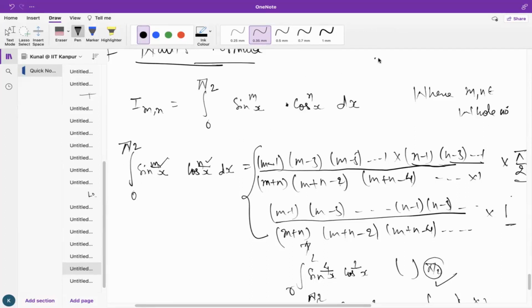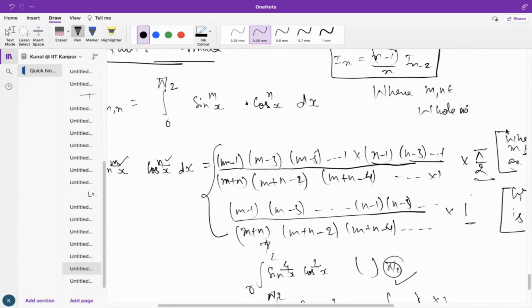If we go through the reduction formula, we get n minus 1 by n, n minus 3 by n minus 2, right? So whatever is in the power, subtract 1 from it, and then keep subtracting 2, like minus 2, minus 4, till we get 1 or 2, and then repeat the same thing for the other power.